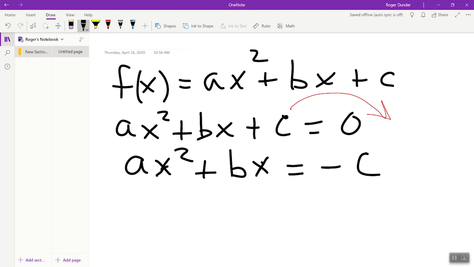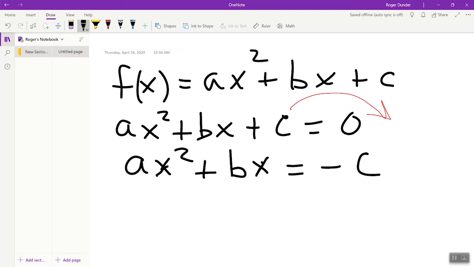Step number 2 is to ensure that the coefficient of x squared is equal to 1. Well, right now it's ax squared, not just x squared. And a, of course, could represent any number, but if we applied the same procedure as we've done before, to get 1 there, we need to divide a by a. If a is divided by a, that's equal to 1.